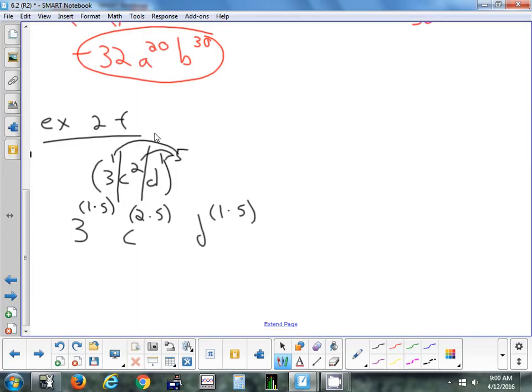I'm applying that 5 to everything that's already on the inside. So my 3 will become what? Somebody tell me, what power? 3 to the 5th. 1 times 5 is 5. Even though it's a number, you still have to apply the power that's on the outside.